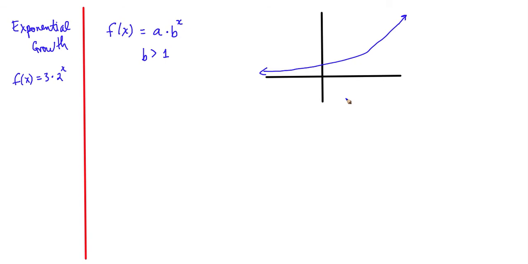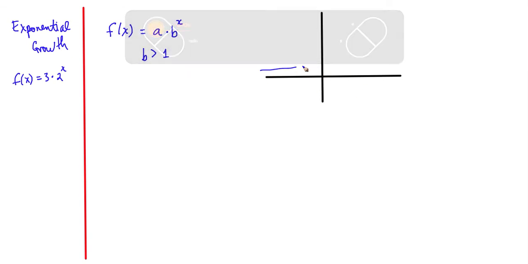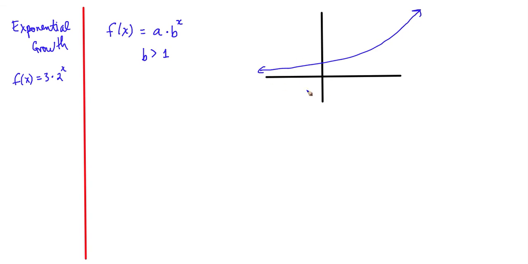It will probably be smoother than the curve that I drew. In fact, let's see if I can do that a little bit better. Okay, so it's going to look something like this. In other words, as x gets bigger, f of x will get bigger, and as x goes towards negative infinity, f of x will level off towards 0. So we can define exponential growth as having these characteristics in terms of limits.